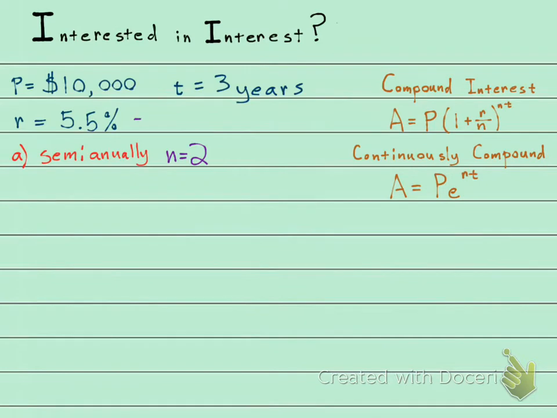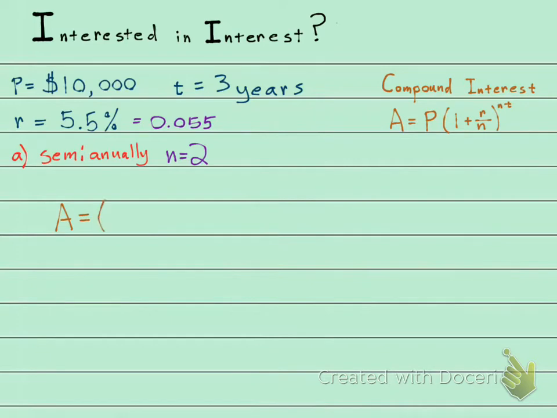So the rate is 0.055. And now all we have to do is plug it into this formula here. We don't need this continuously compounded formula. A equals, and let's think of A as the amount you're going to make.